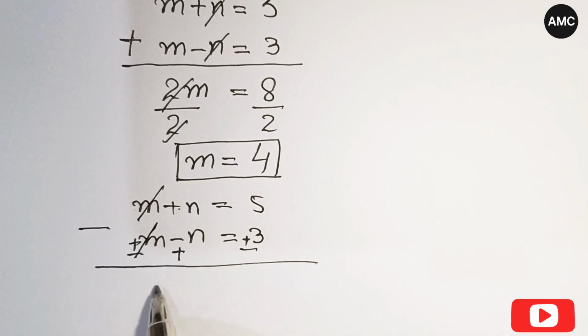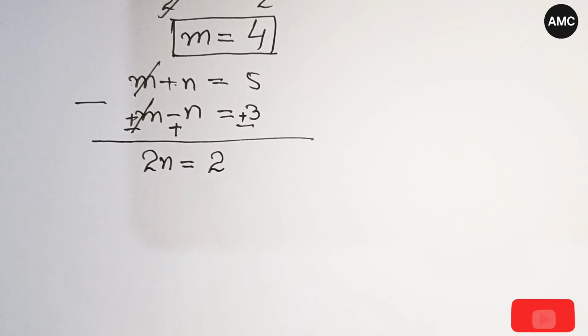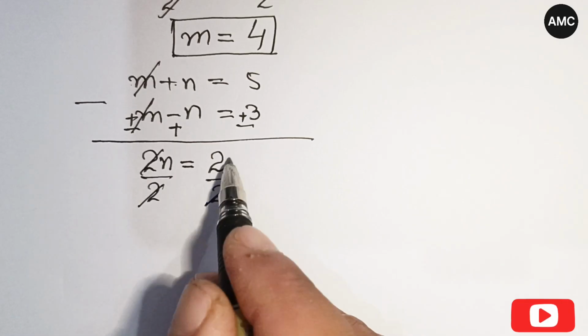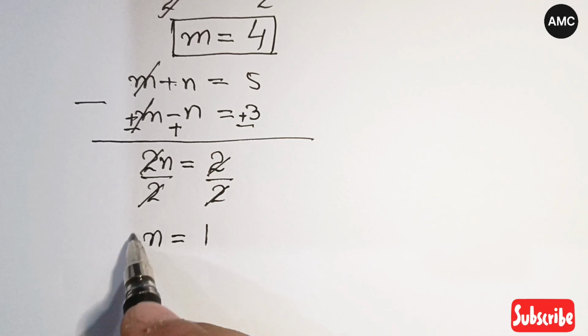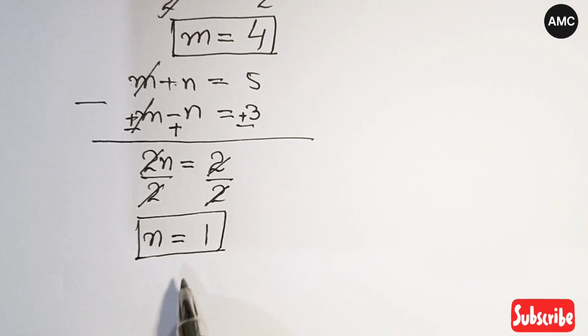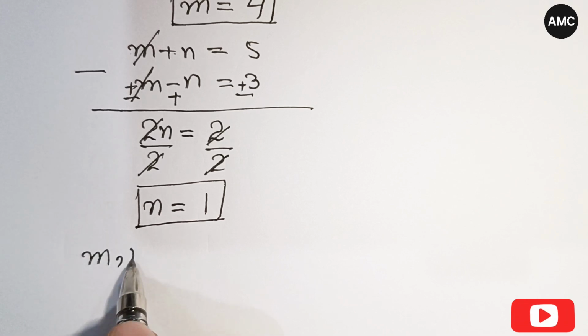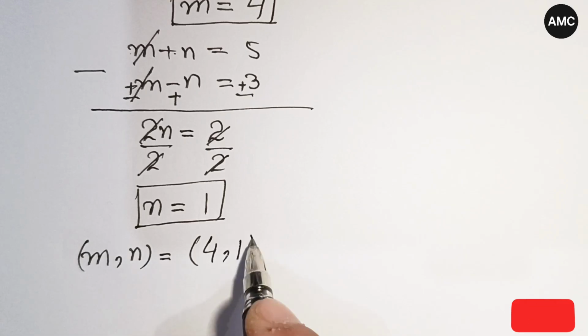We get plus 2n is equal to 5 minus 3, we get plus 2. Here we have dividing by 2 on both sides, then we get n is equal to 1. Here we have the value of n is 1. Now the value of m and n is, m is 4, n is 1.